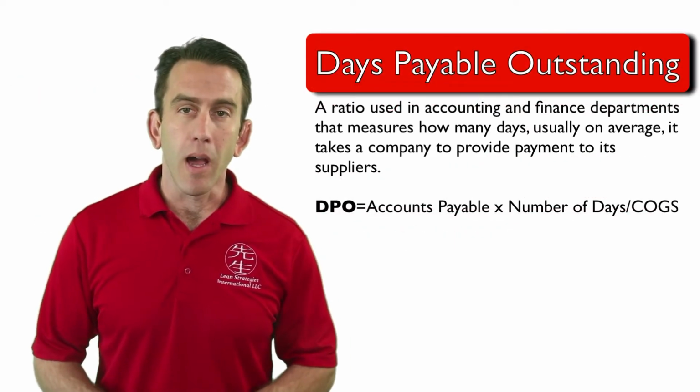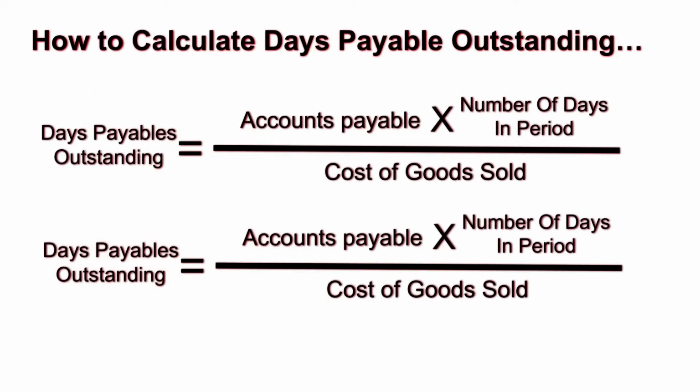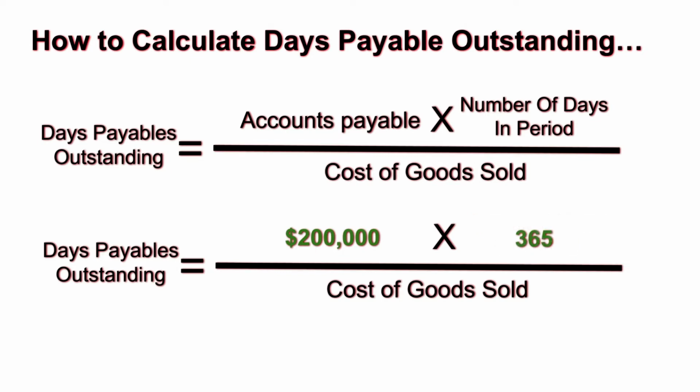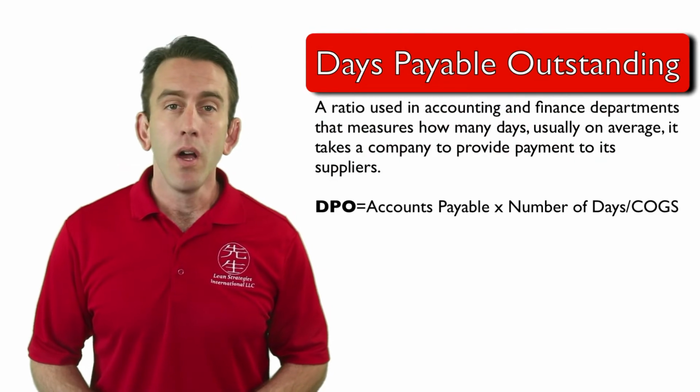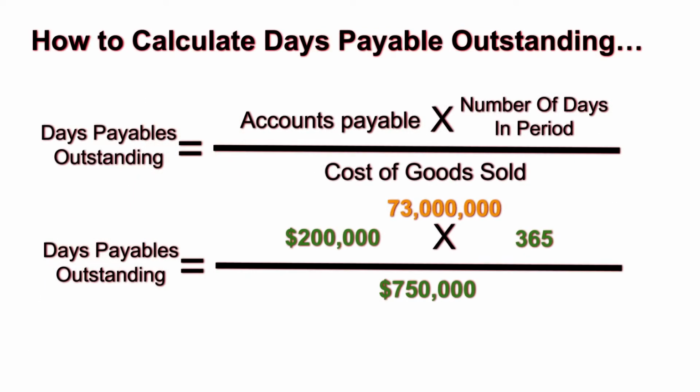Let's look at an example. Let's say K&K Manufacturing has an average accounts payable of $200,000 over a 365-day period, and their cost of sales is $750,000. To calculate the DPO, we would first multiply $200,000 by the number of days in our period, which is 365.